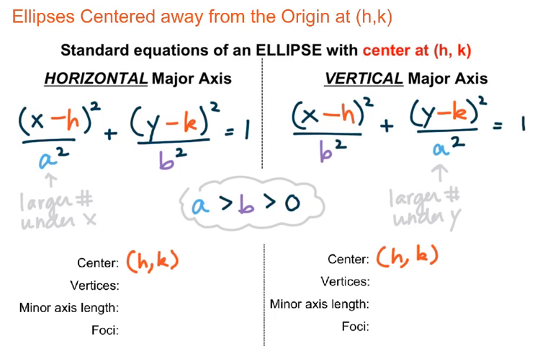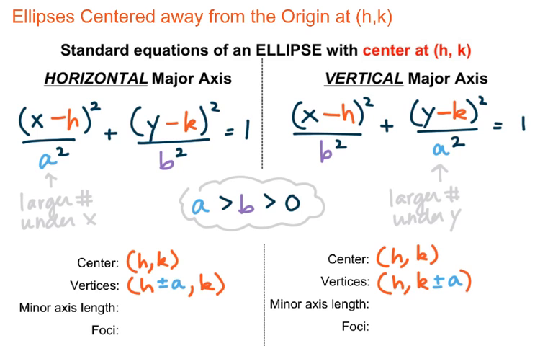The vertices are determined by adding and subtracting your a value. So let's look at this. The vertices for a horizontal ellipse, we would add or subtract that a value from the x coordinate, or h.